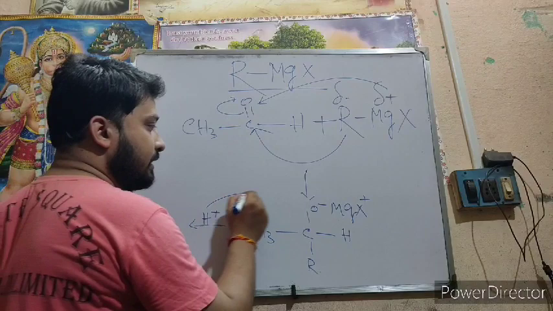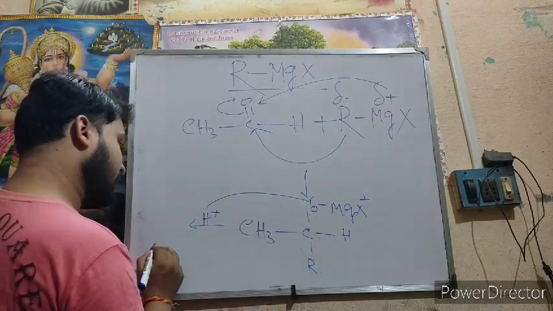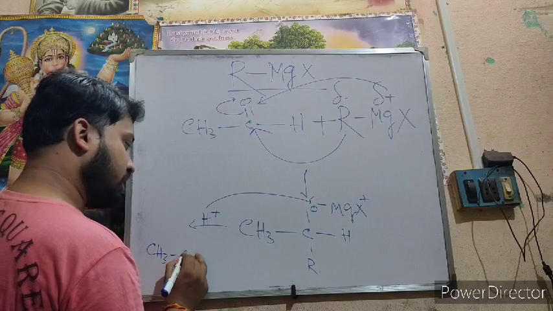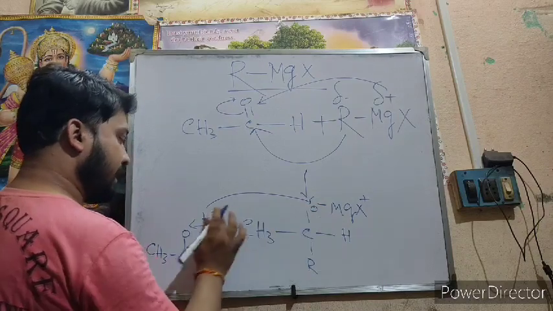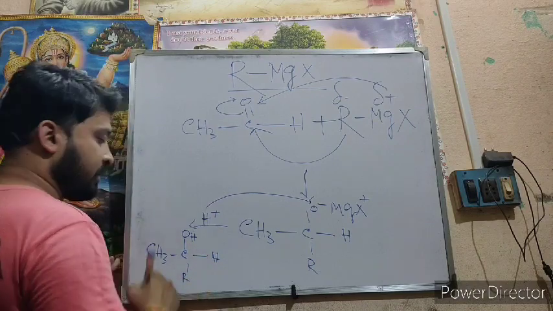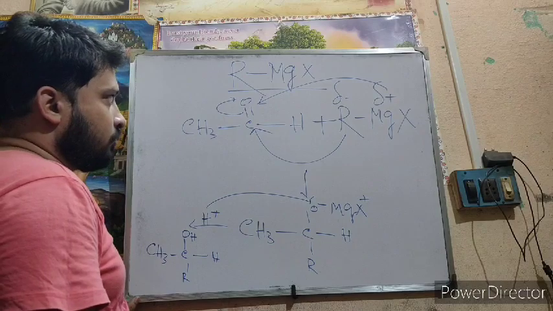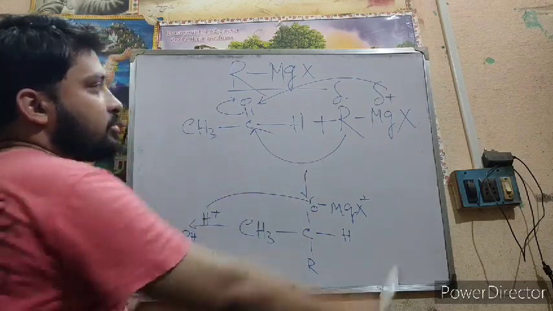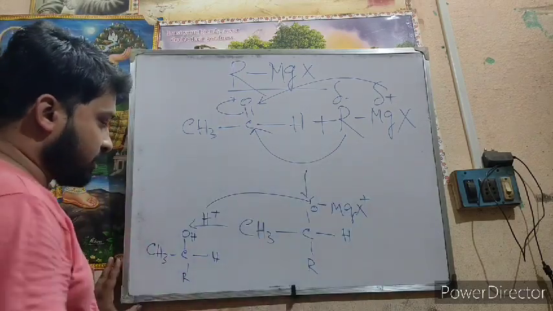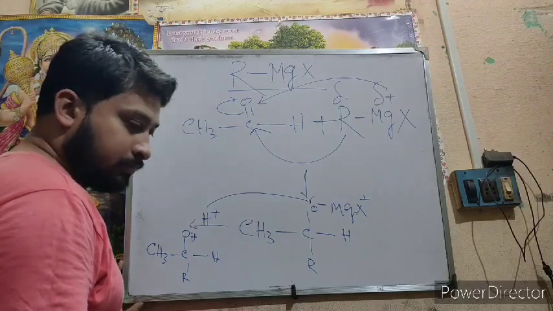If you acidify it, H comes here. So the product is CH3 CH(OH) R. So the product is that. If you use aldehyde with RMgX, you get this product.